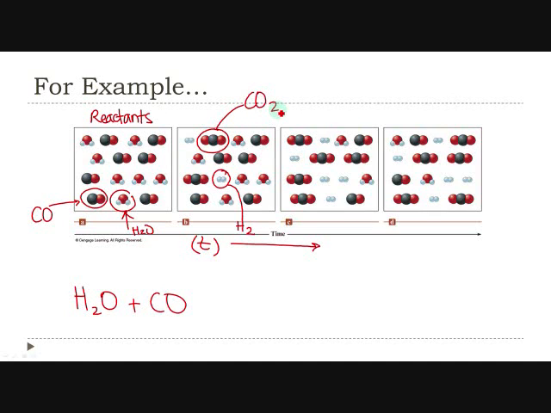So the reactants are H2O plus CO, and the products would be CO2 plus H2. Eventually we have this forward reaction happening. As we see into C, there's more hydrogen gas and more carbon dioxide formed, and less H2O and CO left in the box.